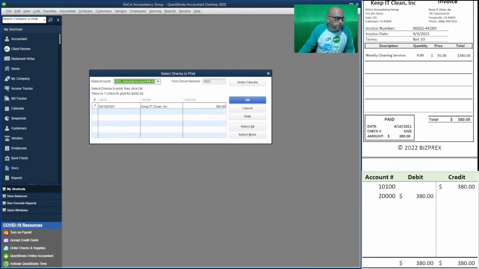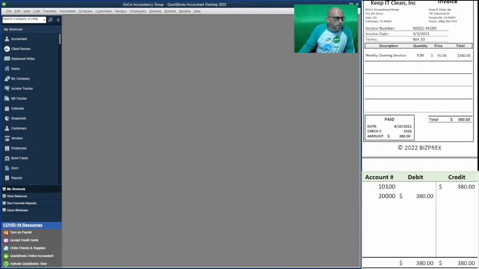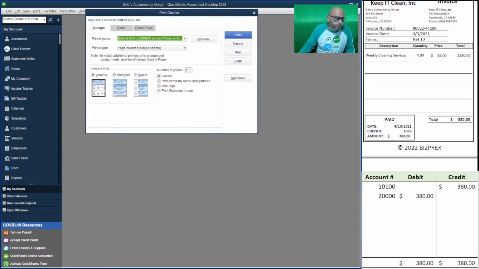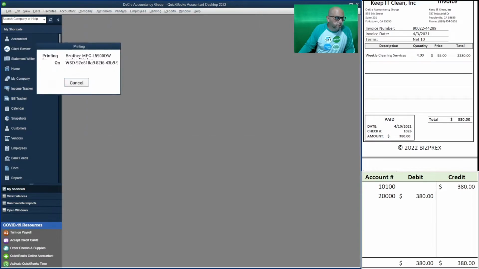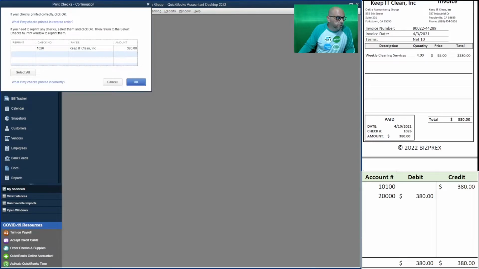Print checks. Here it is, the date. Printing it. All right, check. We'll have to double check that one. 10,026. Okay. It's all good.